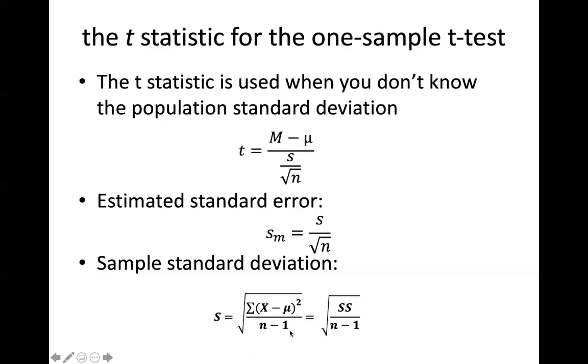That's worth repeating. When you subtract 1, you're basically making the denominator a little bit smaller. But when you divide by a smaller number, that makes the overall ratio bigger. So subtracting 1 from the denominator makes the standard deviation a little bit bigger. That's how we penalize ourselves. The reason this penalty matters is because this S plugs into the estimated standard error equation.